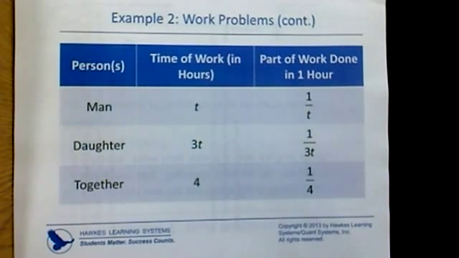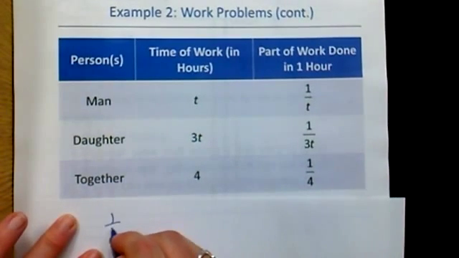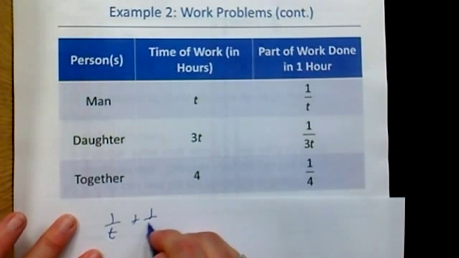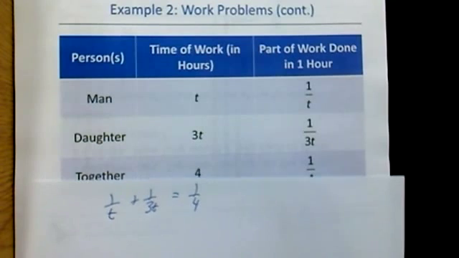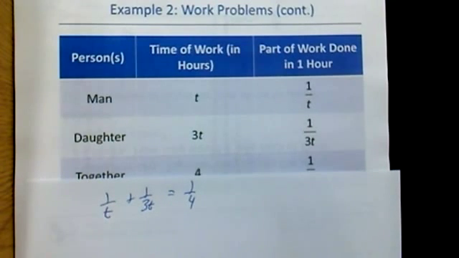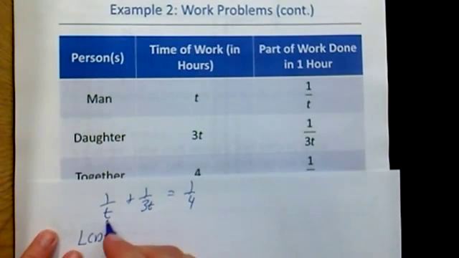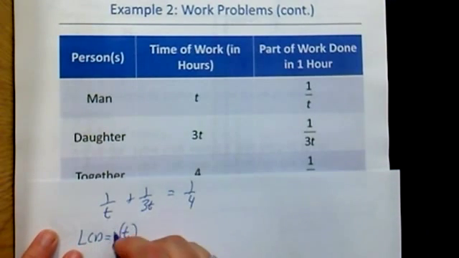And then from there, we can end up working the problem out and putting it: 1 over T plus 1 over 3T is equal to 1 over 4. LCD: T, 3T, and 4. What can we come up with? So we know we have a T. We know we have a 3.